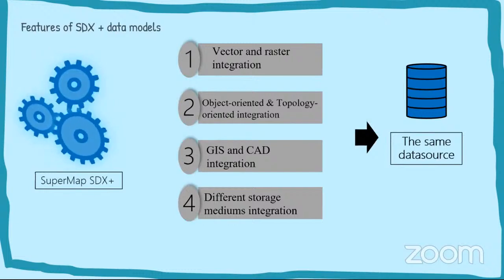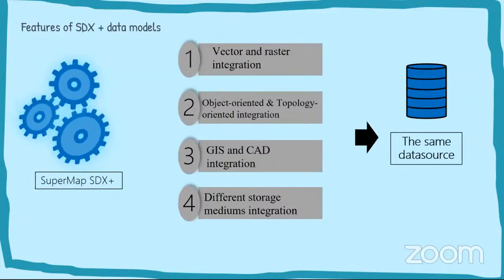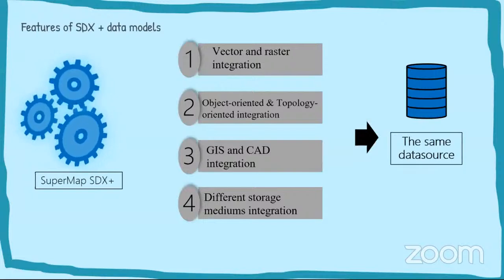It also has complex spatial objects, for example multi-point, multi-line, polygons with holes, and also complicated objects such as networks, routes, TINs, DEMs, grids, and images.